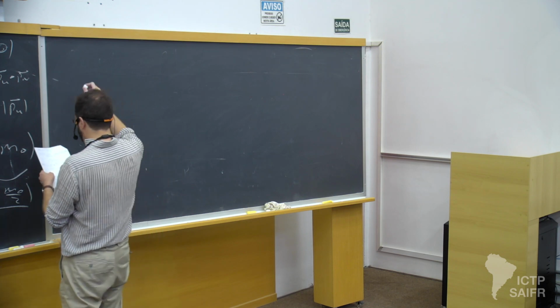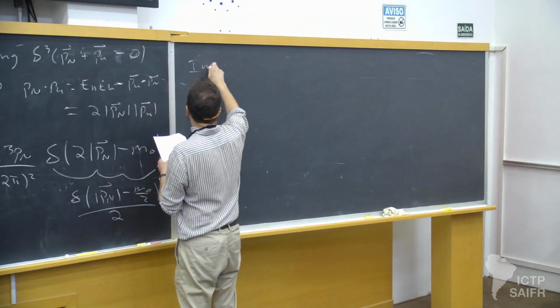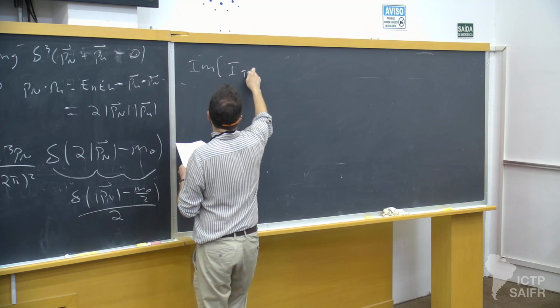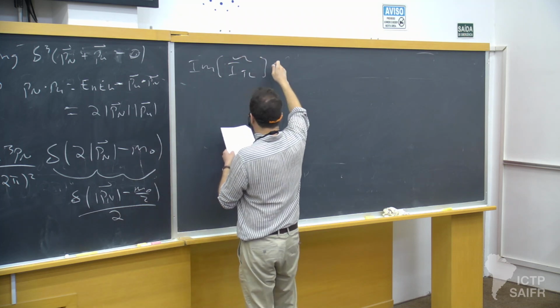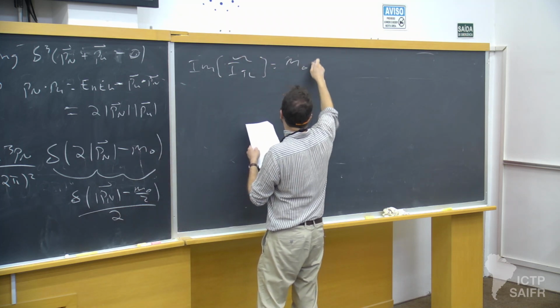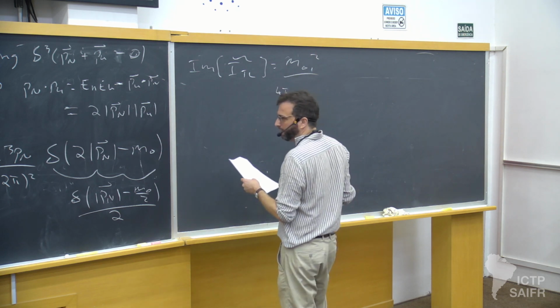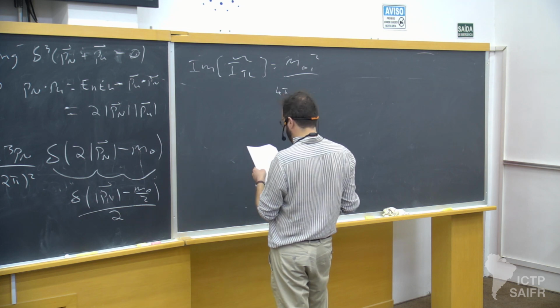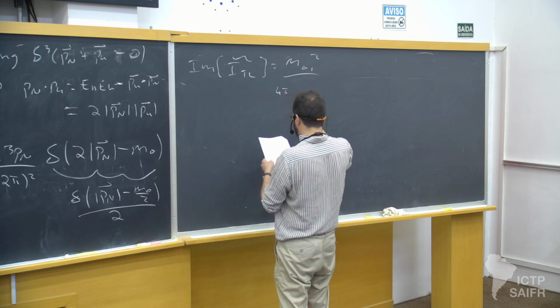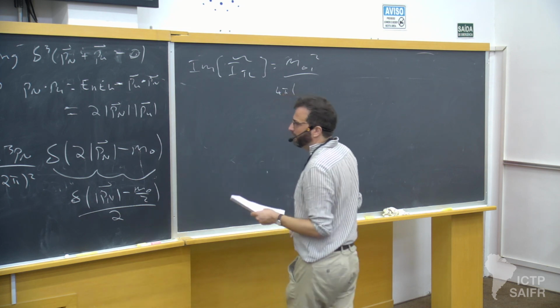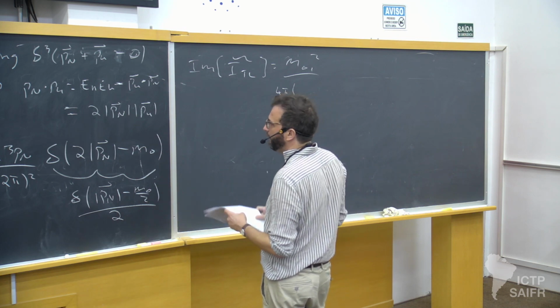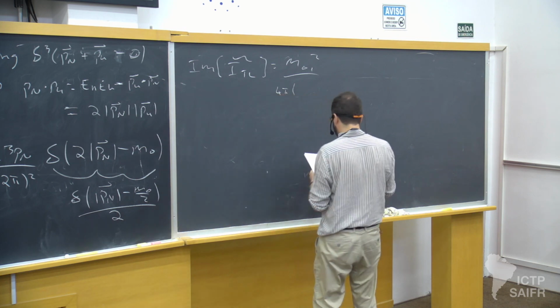Then we're left with the imaginary part of ITL tilde is equal to m delta 1 squared on 4 pi, m delta 2 squared minus m delta 1 squared. Did I miss a factor? Anyway, let me check afterwards.